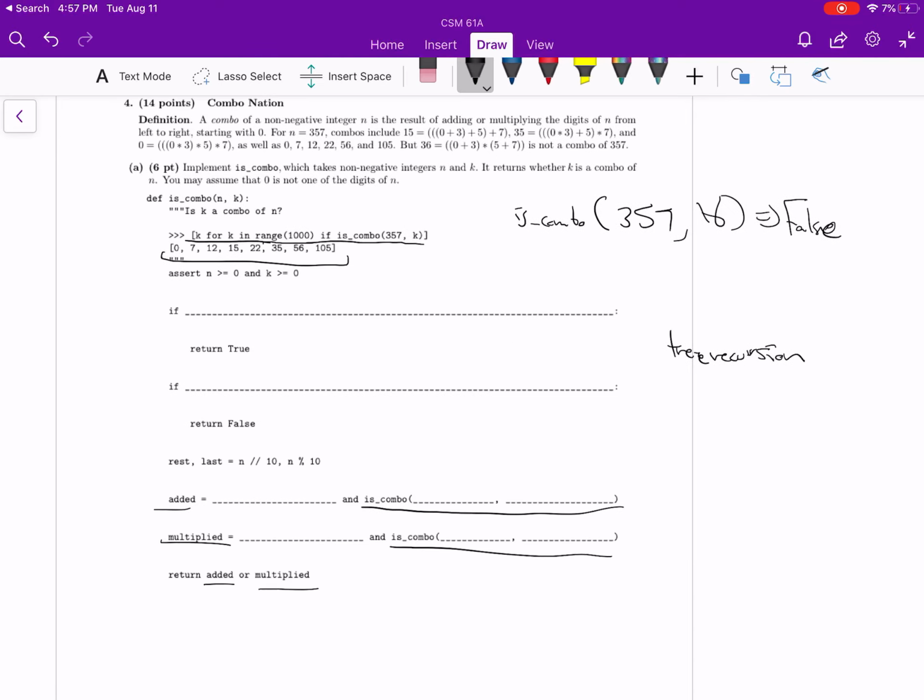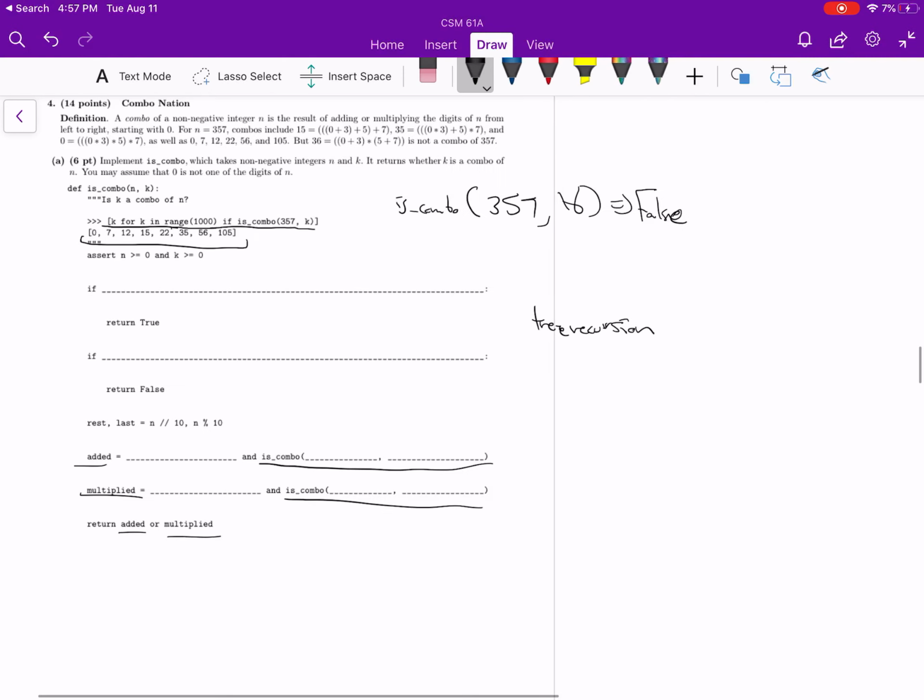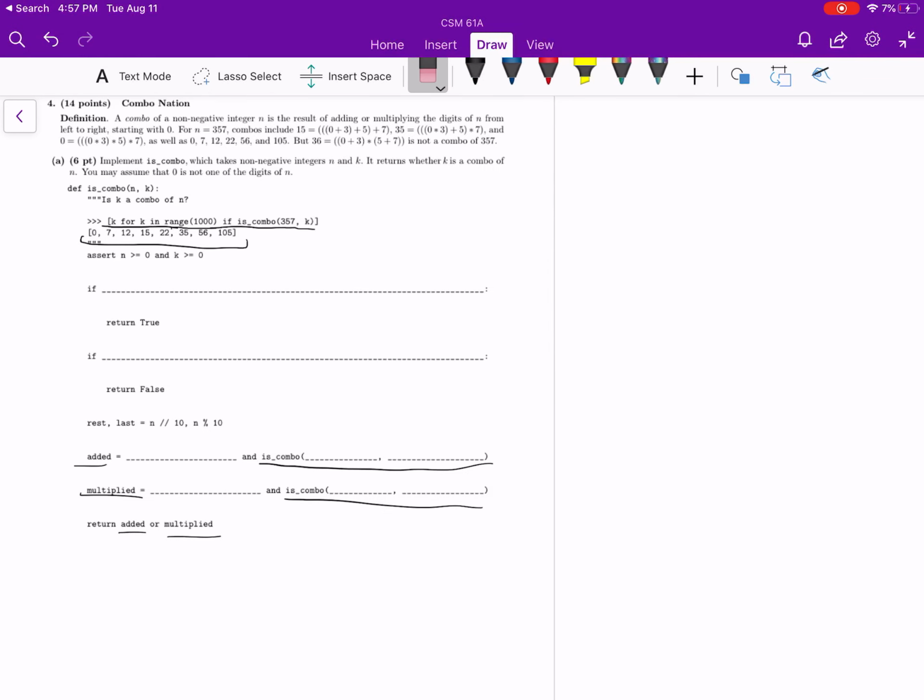Let's first just try to figure out what the recursive calls will be. They gave us a bit of a hint. Either you're adding or you're multiplying. The key thing with these recursive calls is that we have to figure out how to make our input to the problem smaller and closer to the base case, right?